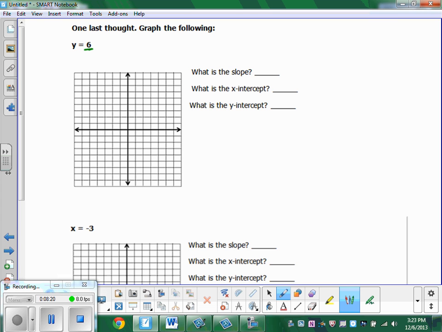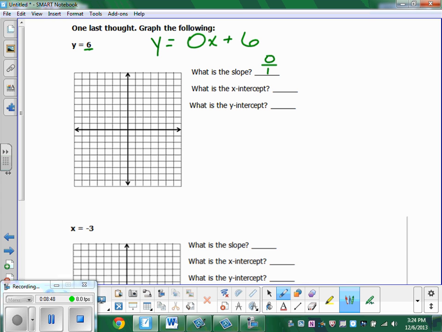Therefore, we know that our slope is going to be 0 by applying our multiplicative property of 0, because 0 times x will effectively give us 0. Identity property of addition, 0 plus 6 leaves us with 6. Now, of course, 0 is a number that can be written as a fraction, 0 over 1.